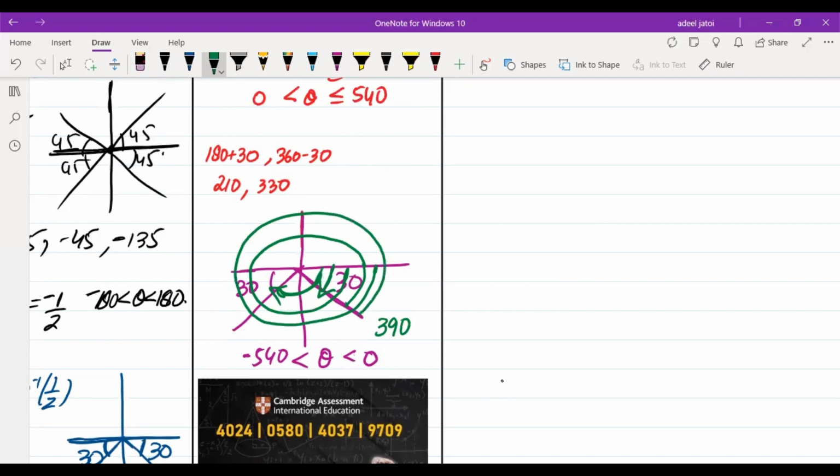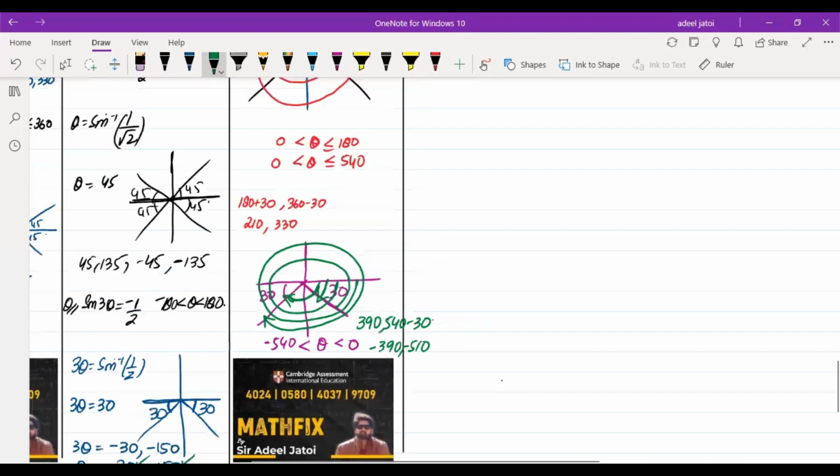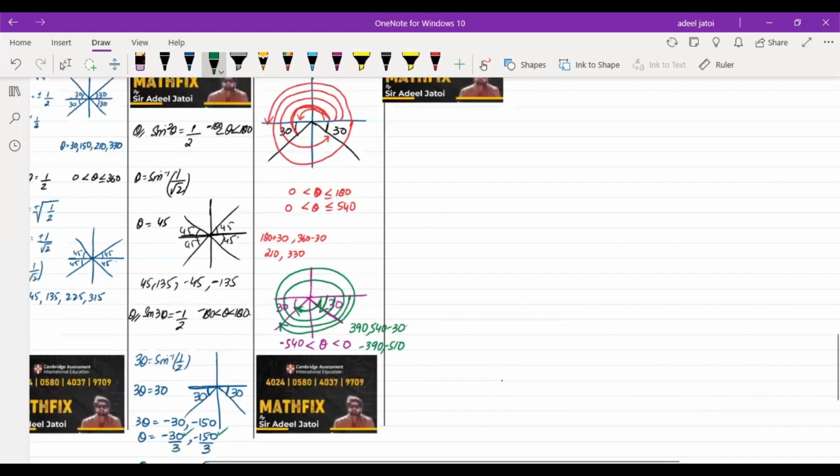Since we have crossed the third angle, the fourth angle will be 540 minus 30. So the answers will be 390 and 510, but these are in negative as well. So the entire aspect of the answers, we saw that 3 theta is equal to not only negative 30 and negative 150.